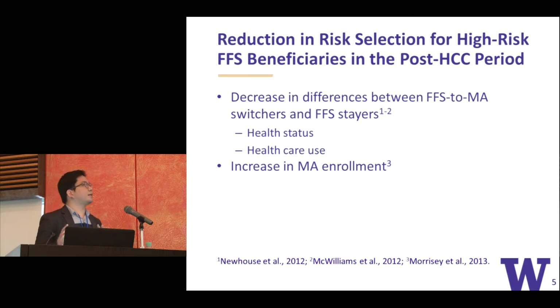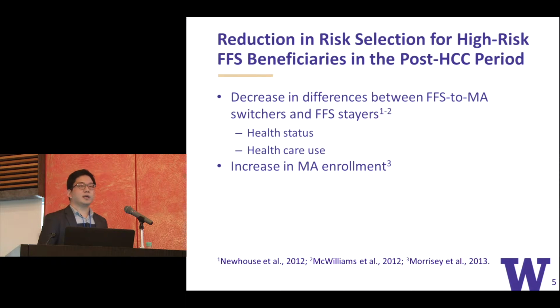They focused on people staying in FFS plans and then followed up their health plan choice next year, so whether they kept staying in FFS plan or switched to MA plans. What they found is that in the post-CMS-HCC period, so after 2007, the differences in health status and healthcare use substantially decreased.